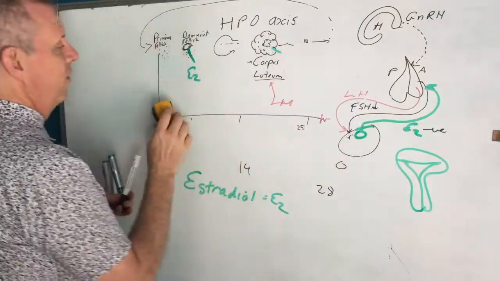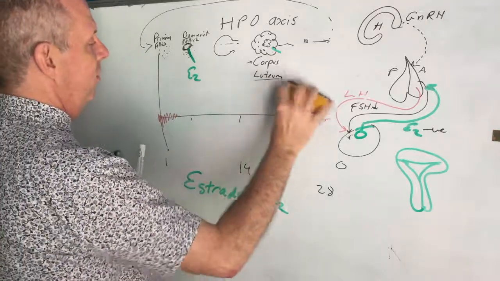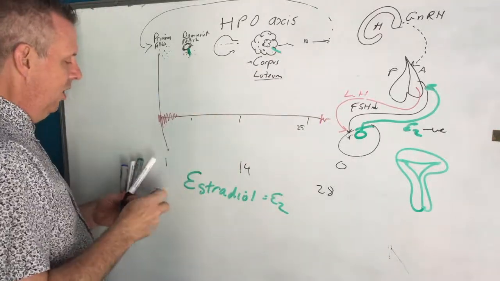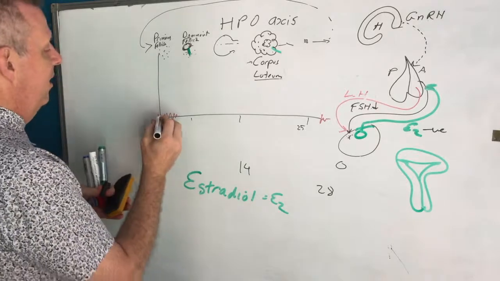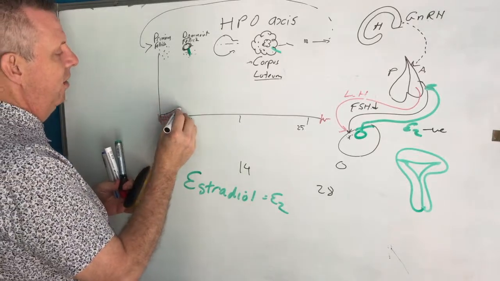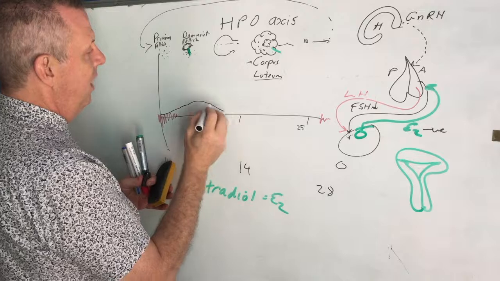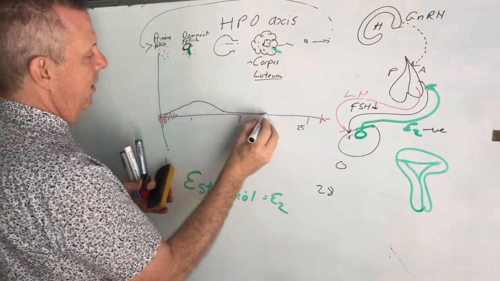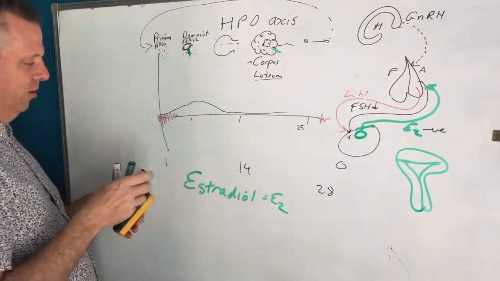Now I'll just try and draw you a bit of a graph of what actually happens to the hormones. So just get rid of LH and E2 there for a minute. If we look at FSH, FSH is gradually released and then it drops down as that dominant follicle gets bigger, and that's about it. It has its time. That's its moment.